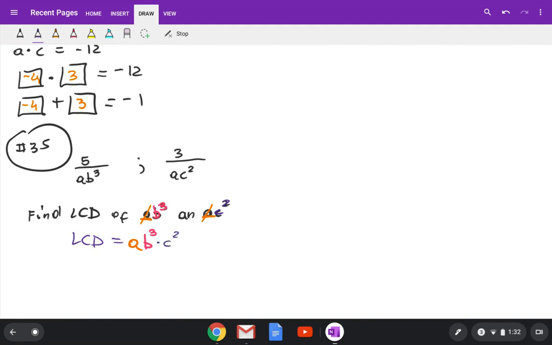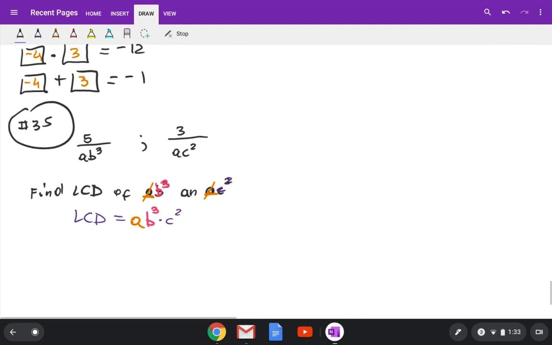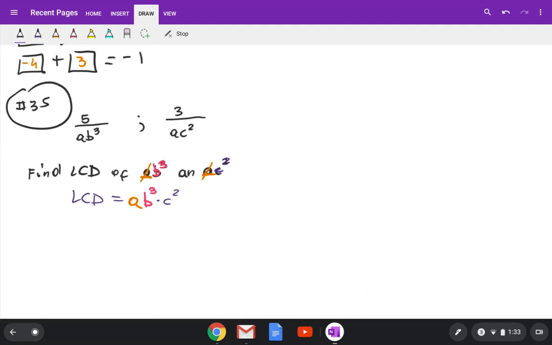Okay, so a, b cubed, c squared, that's the LCD. Now you take your original fraction, 5 over a b to the third power, and rewrite it as an equivalent fraction where the denominator is the LCD, which is a b cubed c squared.